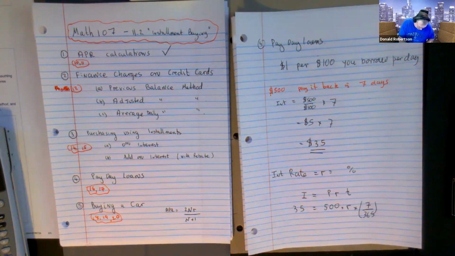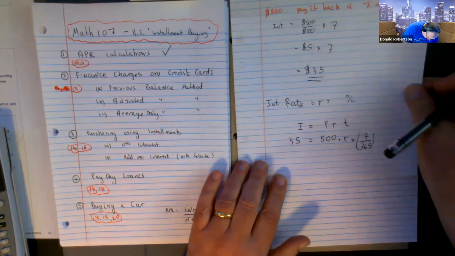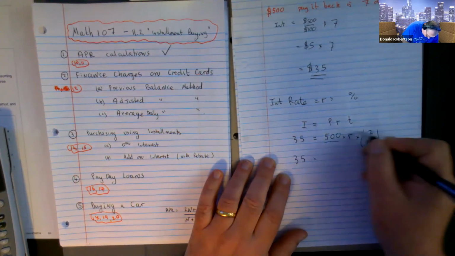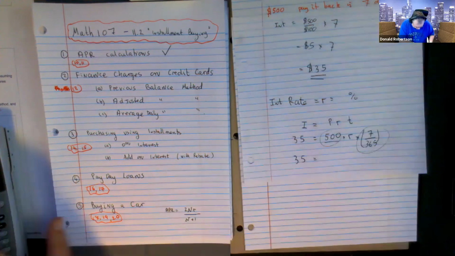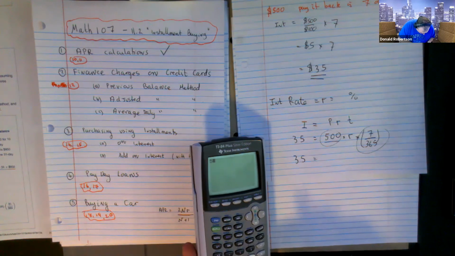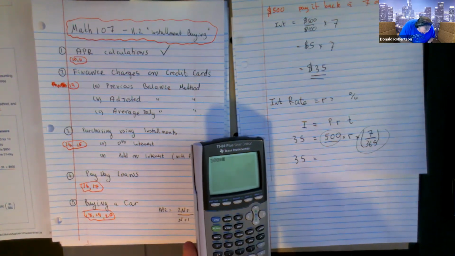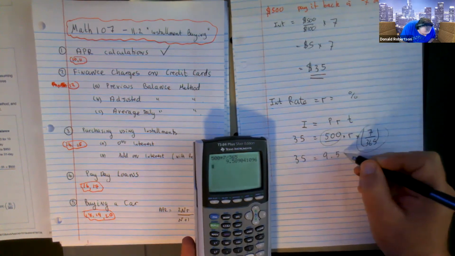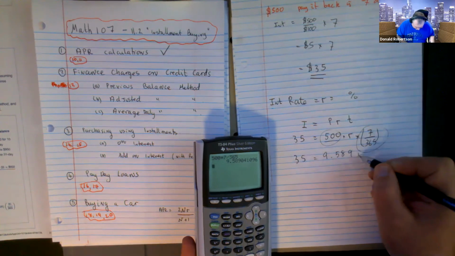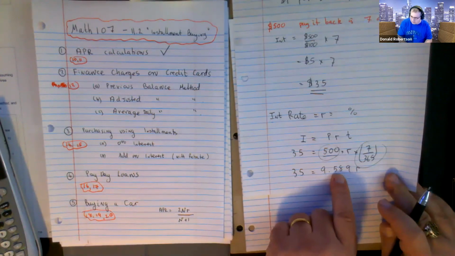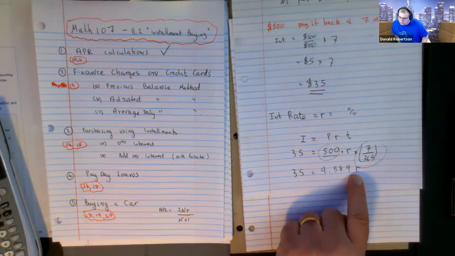Now, what I typically do in a question that looks like this one is that I find out what that guy times that guy is. So I'm just going to go to my calculator, and if you take 500 and multiply it by 7 and then divide it by 365, you get this ridiculous looking decimal. And they're always going to be ridiculous looking decimals. In this case, 9.589. So far, so good.